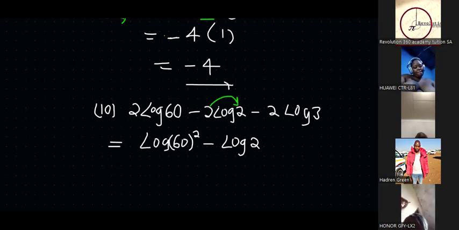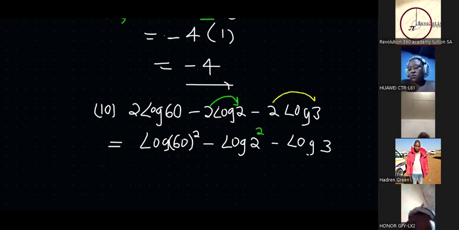Then we still have minus, still have minus log 3. And then you're going to take this 2, you write it there as an exponent. It will be 2. Just like that. Do you all see?